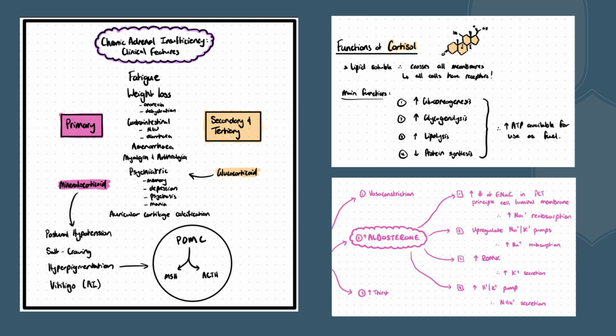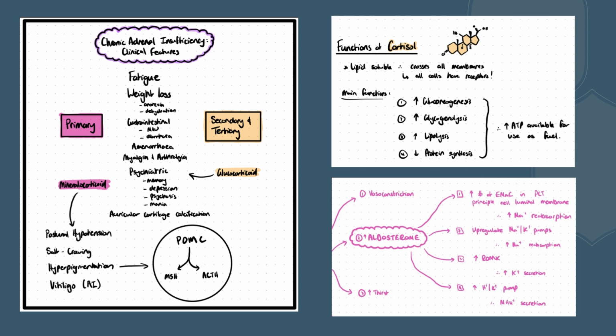Only primary adrenal insufficiency, meaning that the adrenal gland itself is damaged, has problems with the mineralocorticoid effect as well. So those patients get postural hypotension, salt craving, and hyperpigmentation. They may also exhibit other autoimmune features like vitiligo.